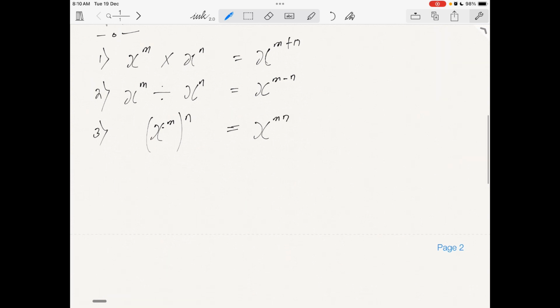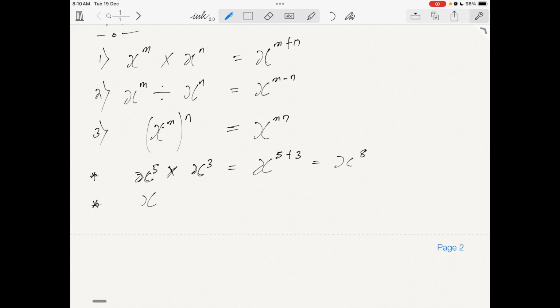Now take for instance we have x raised to the power 5 multiplied by x raised to the power 3. Since they have the same base x, technically their powers will be added together. 5 plus 3 gives me x raised to the power 8.